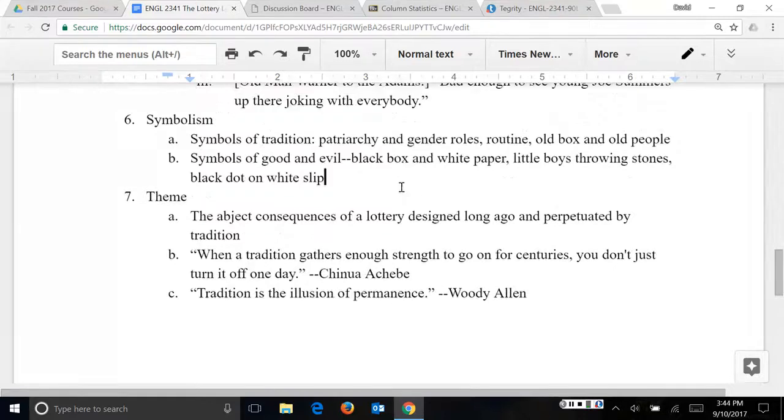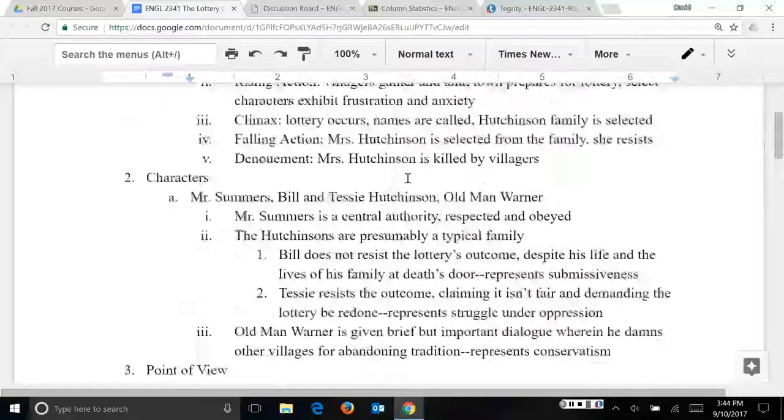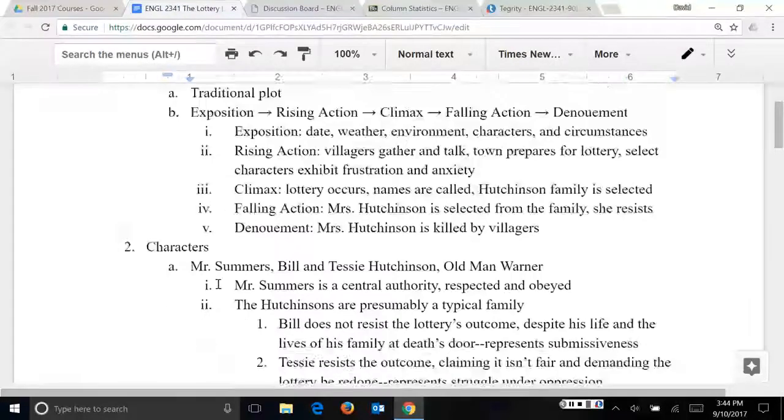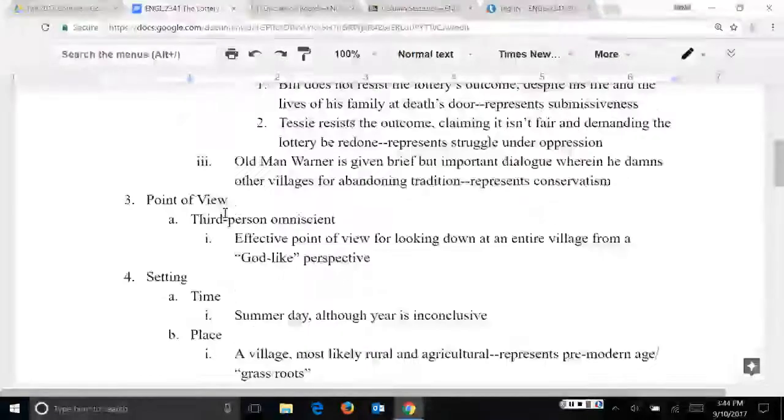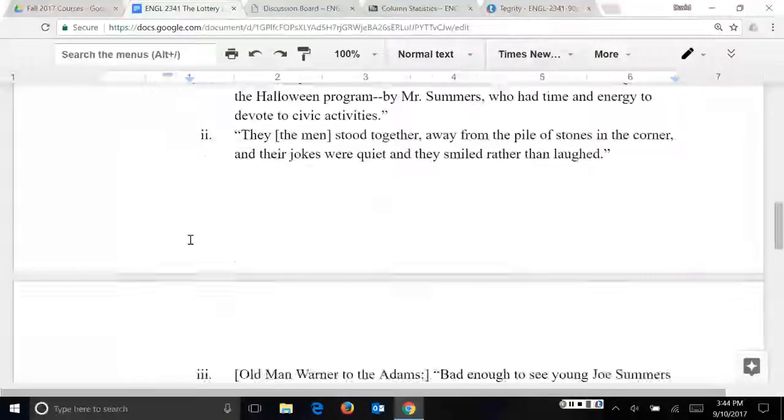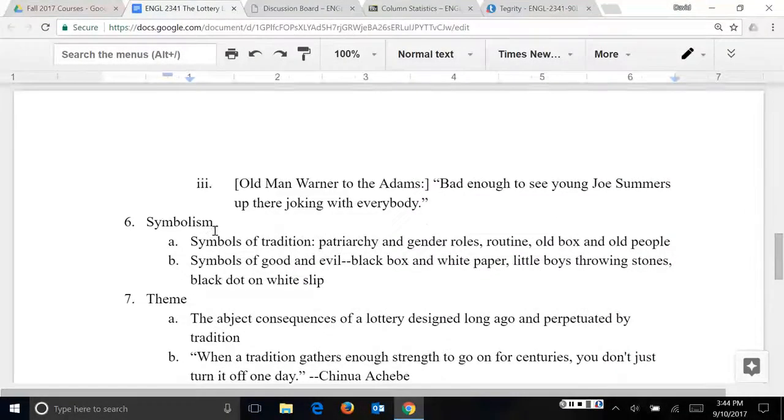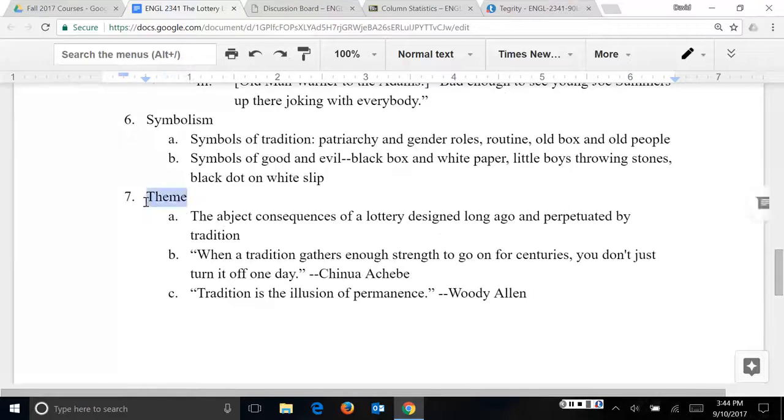And so finally, based on all these elements, based on plot, based on characters, based on the point of view, based on the setting, based on the style, and based on the symbolism that we have, we should be able to arrive at a theme. And that's what's so important, and that's what I was hoping that many of you would consider as you are writing your discussion board posts. And not just your discussion board posts, but as you prepare to write your literary analyses.